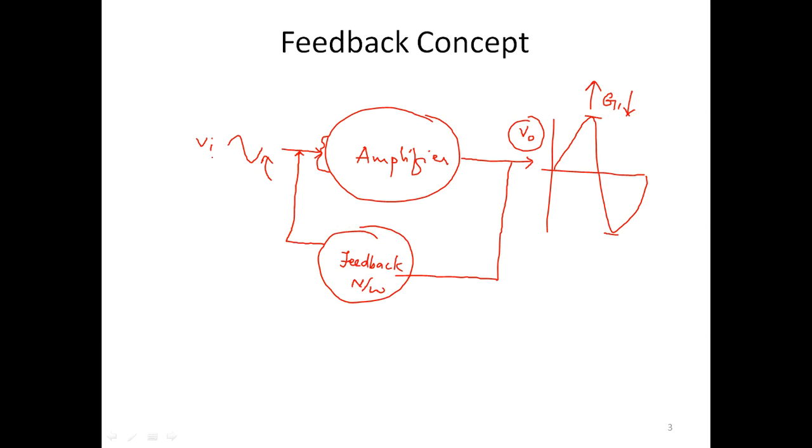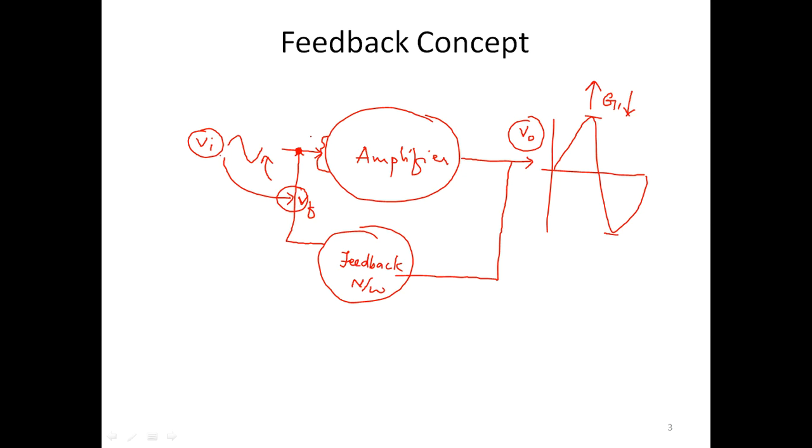Now in the first stage Vi was the actual input, but after taking a feedback loop, at this particular node Vi will not be the actual input. It will be something else. That something else is Vi plus or minus the voltage appearing here at the feedback network, if you just consider it to be Vf.